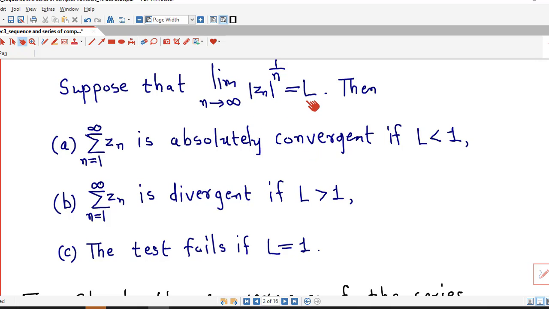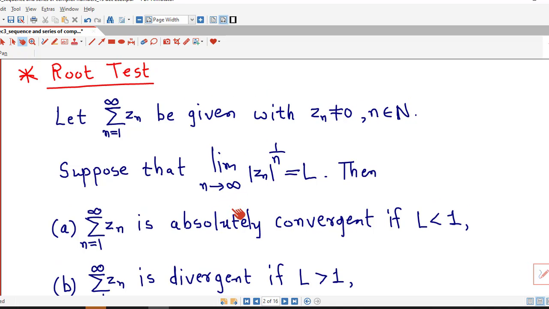If limit is less than 1, that is if value of capital L is less than 1, series is absolutely convergent and hence convergent. If value of limit is strictly greater than 1, series is divergent, and test fails if value of limit is 1.